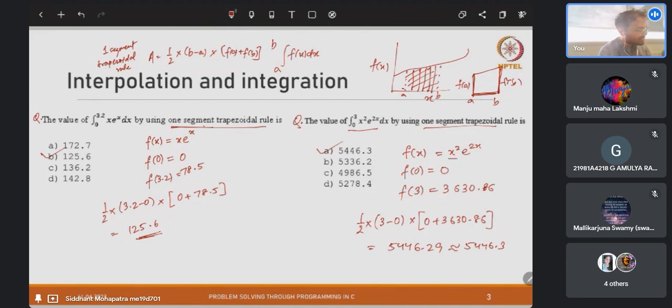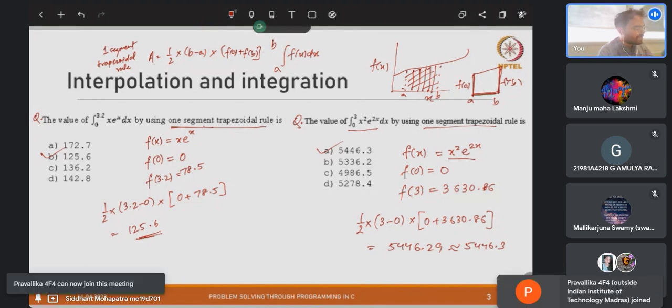So we have this function which is x square into e to the power 2x. We calculate the value at the limits, which is f of 0, the value is 0, and f of 3, which is 3630.86. Now the area of the trapezium would be half into the height, which is 3 minus 0, into the sum of the sides, which is f of 0 and f of 3.